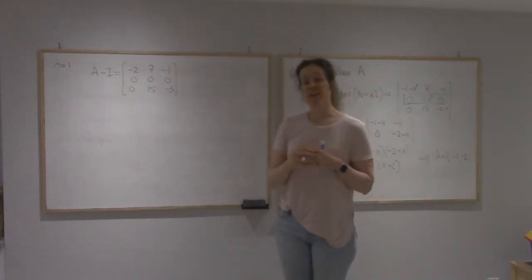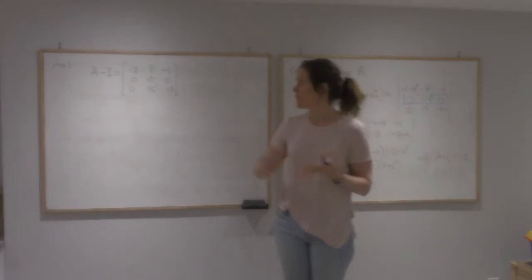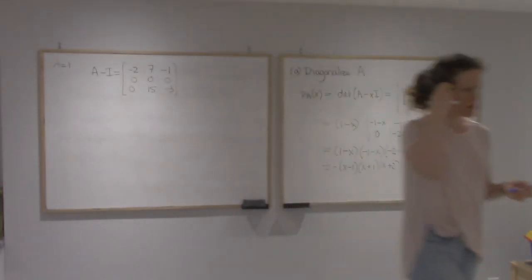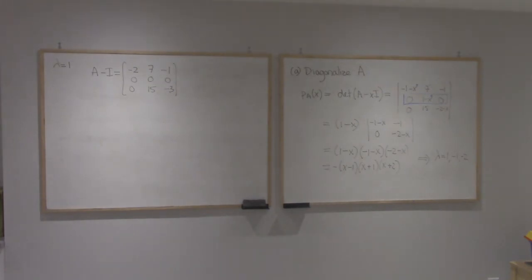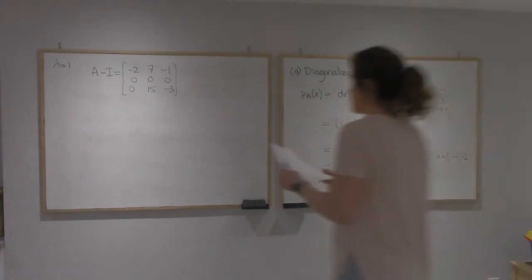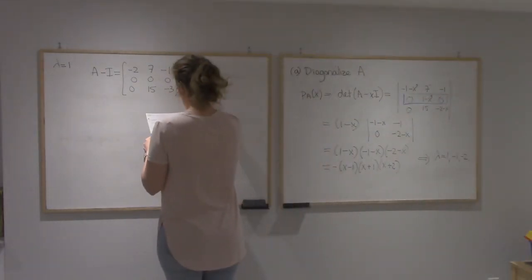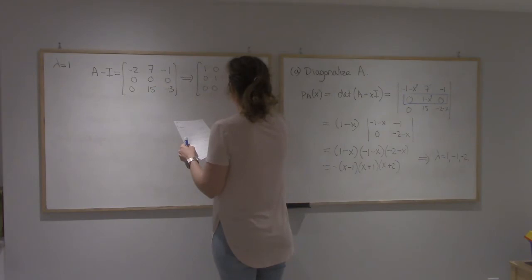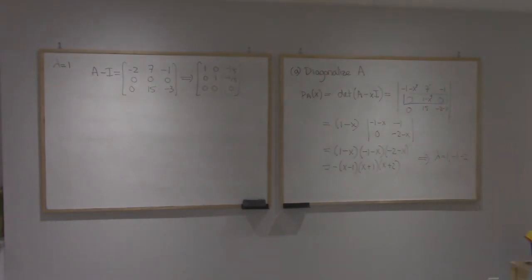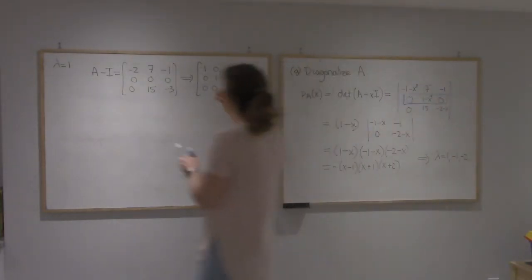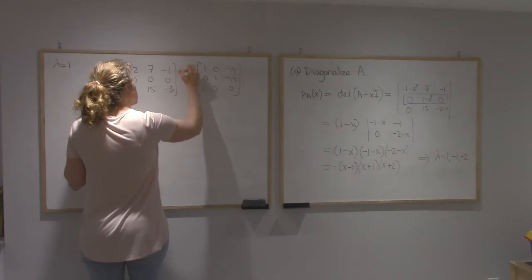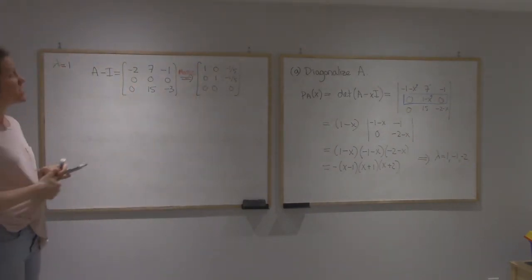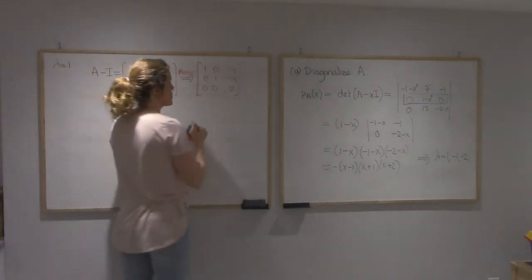Alright, the eigenspace corresponding to lambda equals 1 will be the null space of this matrix, so I should reduce it. I have it reduced in my notes. I get 1, 0, 0, 1, and then I have minus a fifth. And you can see you have a free variable in the third column.